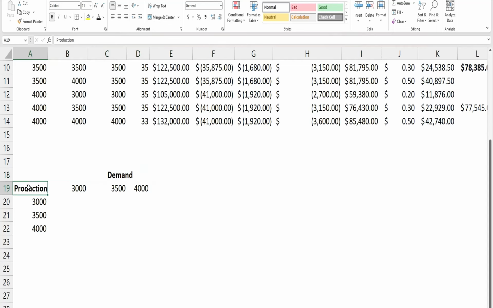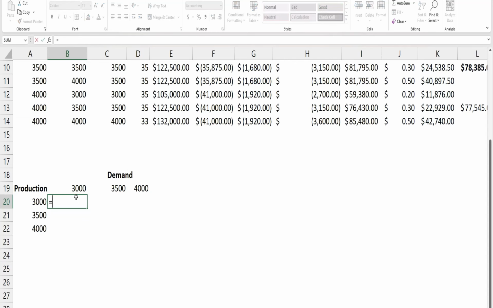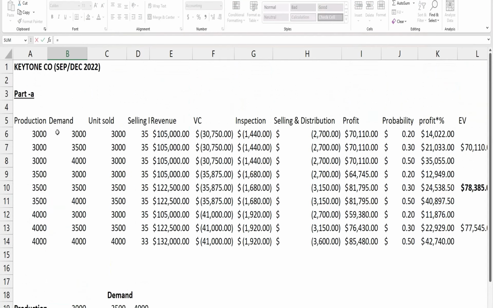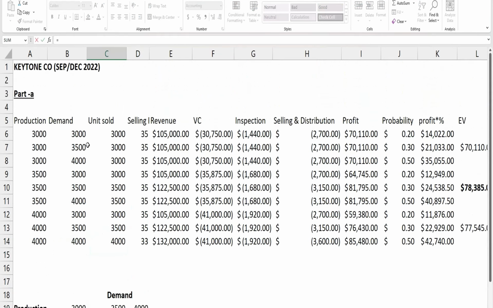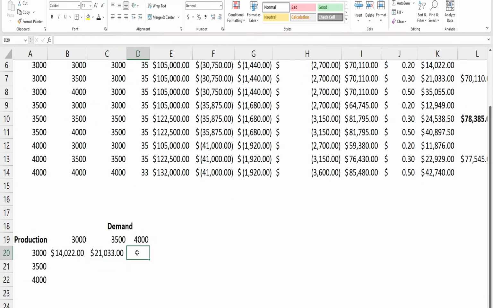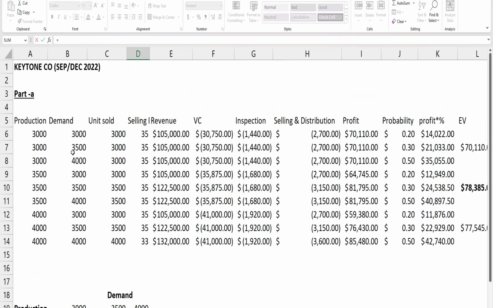Okay, so now for 3000 production, demand is 3000. Our expected value, or profit, is 14,022. And for production 3000, demand is 3500, our profit is this much, and production 3000, demand 4000, our profit is this much. All right, let me copy paste this, then I will come back to you again.